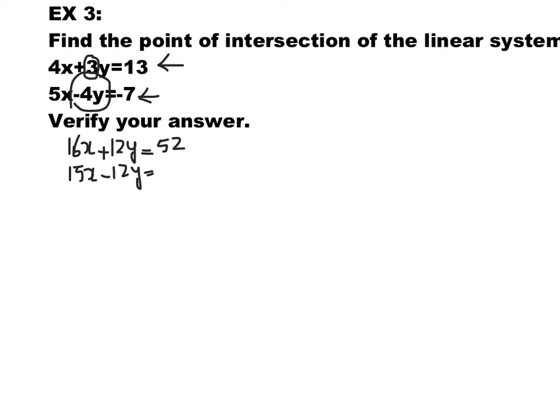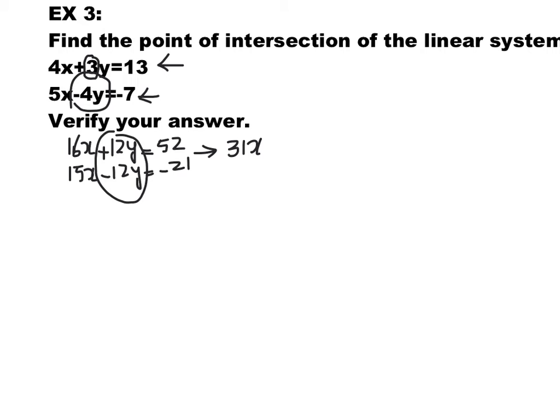And negative 7 times 3 is negative 21. Now if you look at the variable y, you can see that they have opposite coefficients, but the same absolute value, which is 12. So if I just add them, I'm going to eliminate y. So if I add these two equations, I get 16x plus 15x is 31x.